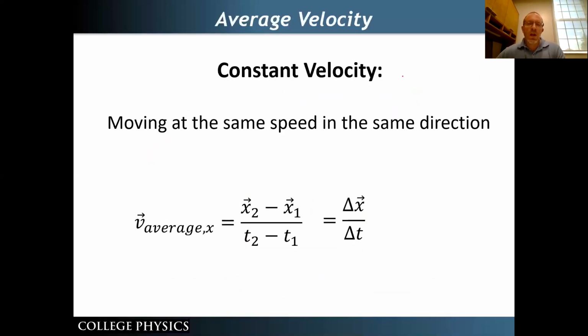Concept of constant velocity. What does that mean? That means that somebody's moving at the same speed in the same direction. One example of something that's not constant velocity that we might think is if we've got a circular track and somebody's running around at a constant speed on that circular track.